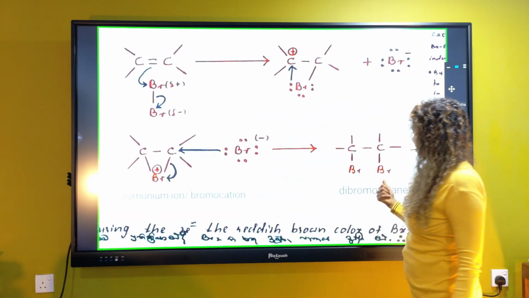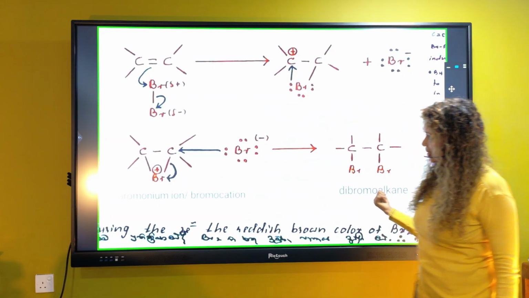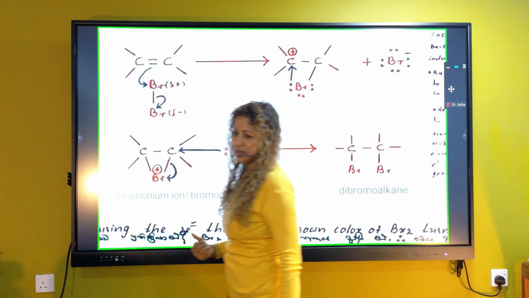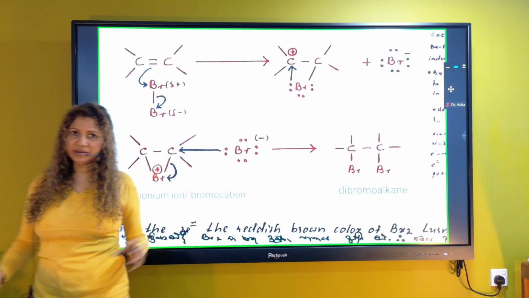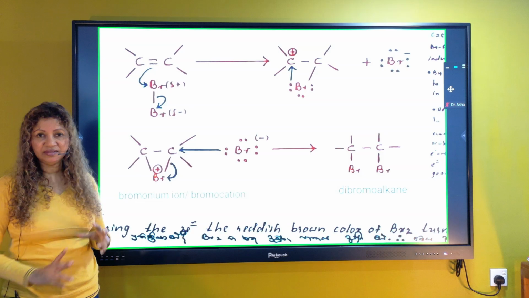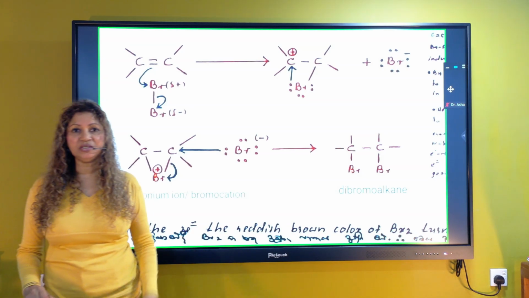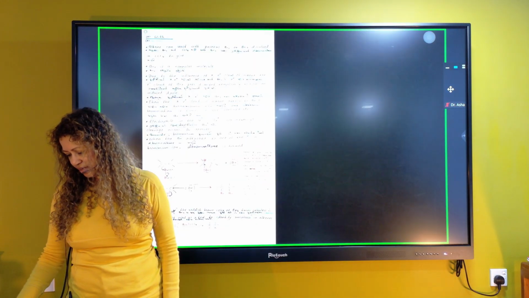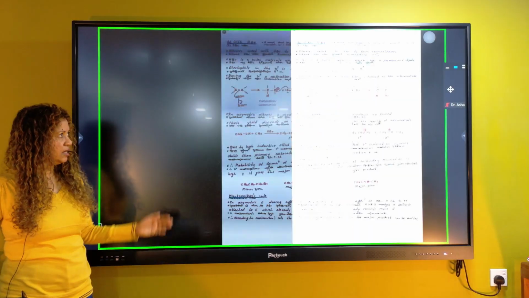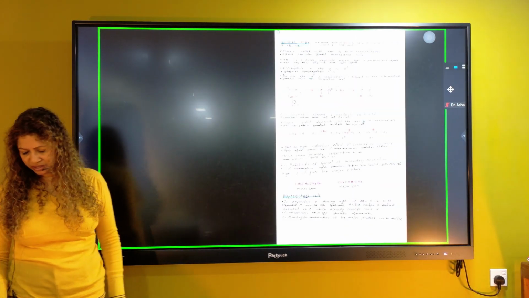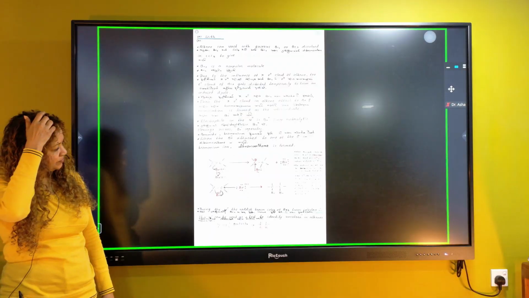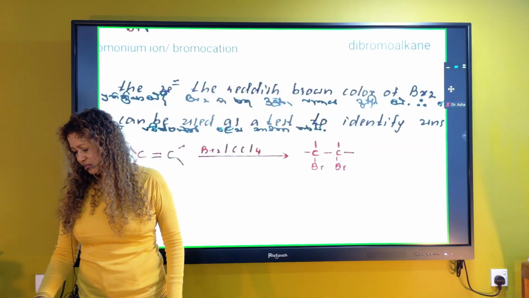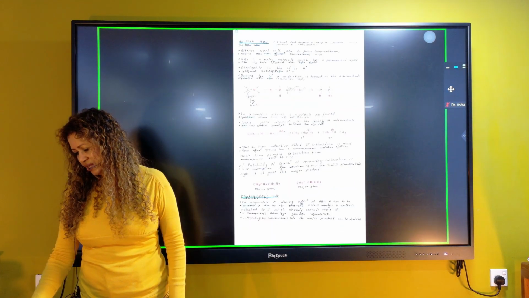At the end of the day, they make the dibromoalkane. This complex is called the bromonium ion or bromocation. This is the most complex one. We discuss everything in the theory class. This is just a revision to remind you of what we did. At the end of the day, you are making the dibromo compounds. Our medium is Br2 in CCl4.